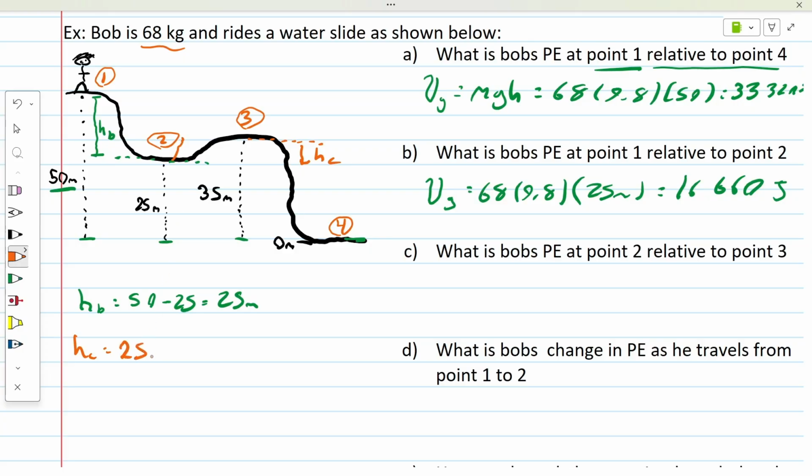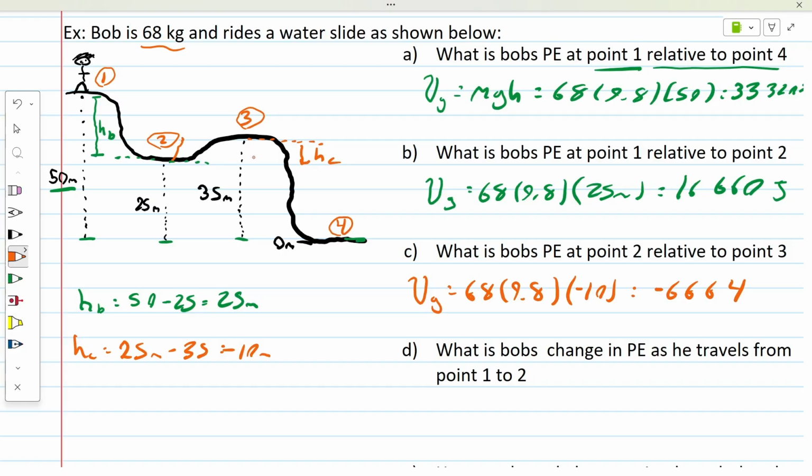So it'll be 25 meters minus the 35 meters, which is a negative 10 meters, because he's 10 meters below the reference point. And so when we go to plug in our equation here, we'll still have mass times gravity. And now for the height, we're going to plug in a negative 10 meters. And so this potential energy is actually going to be a negative potential energy. And basically all this negative means is it's below whatever we call the reference.